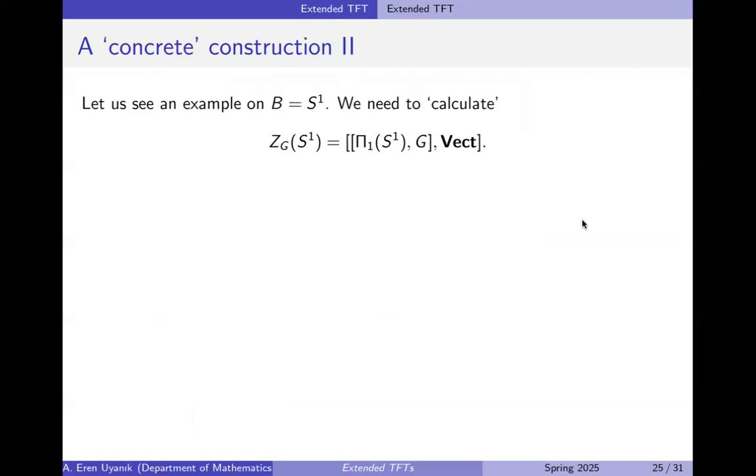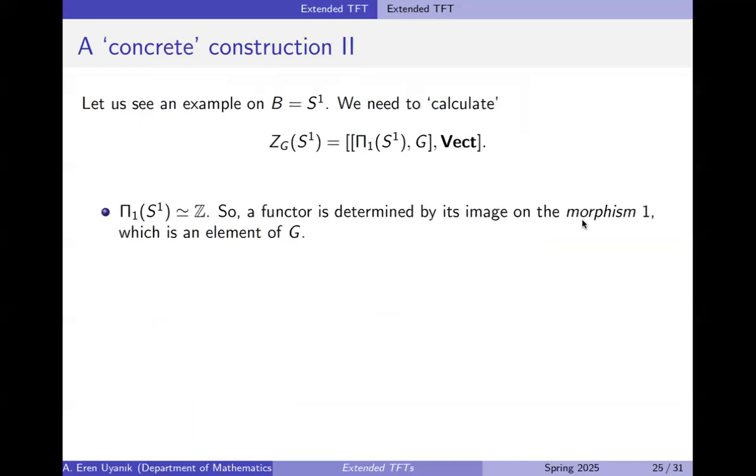We need to make this thing explicit. And we know that pi1 of S1 is Z from algebraic topology, and we think of Z as a groupoid too, as a category.